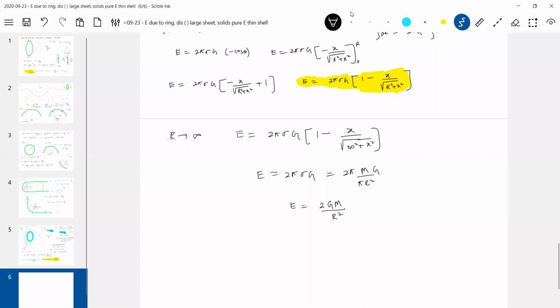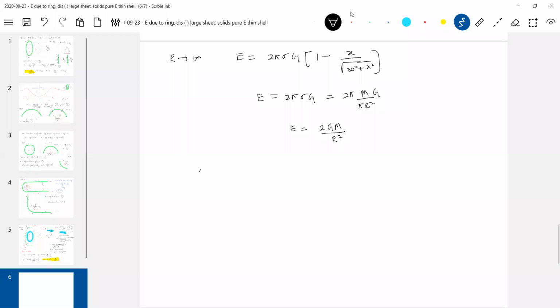So what does R infinity mean? It's like an infinitely large sheet.